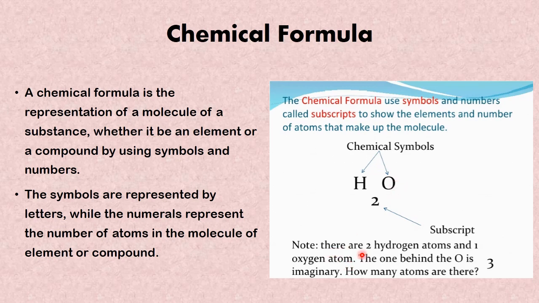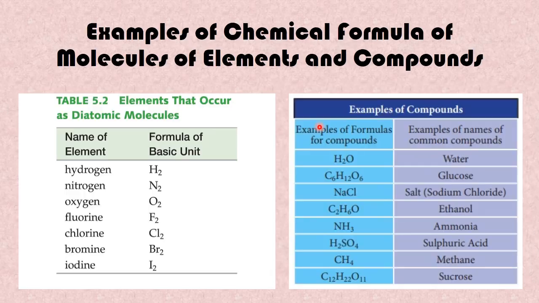The one behind the oxygen is imaginary. So how many atoms are there in total? You have two hydrogen atoms right here plus one oxygen atom, which gives us three atoms in total. So this is an example of a chemical formula of one molecule of water.